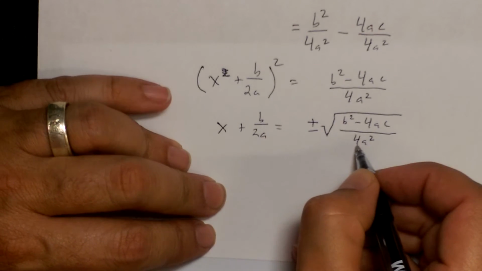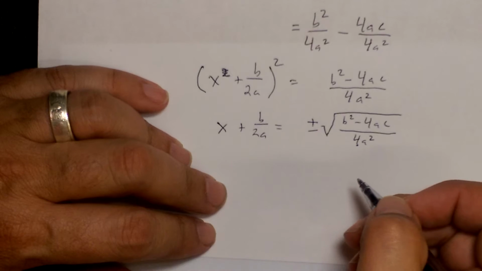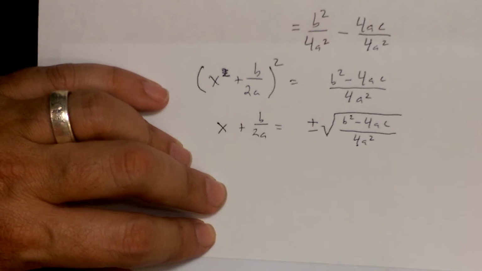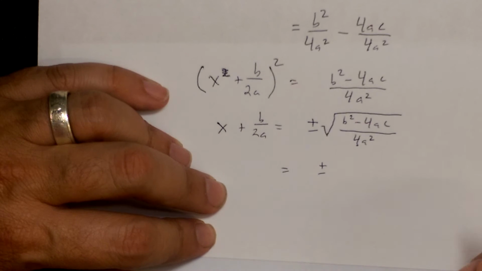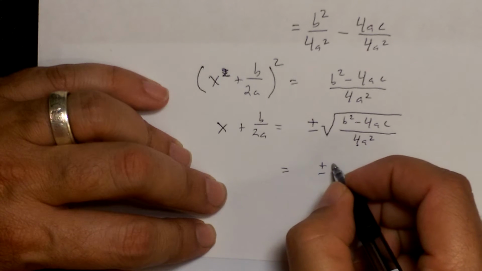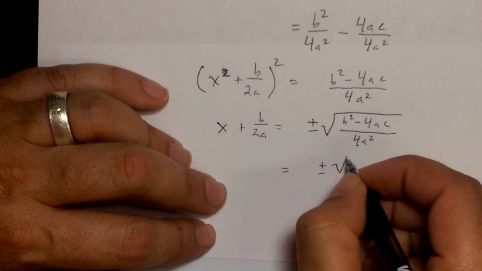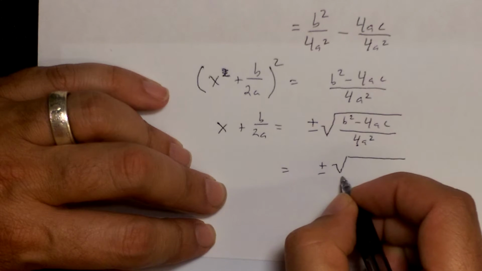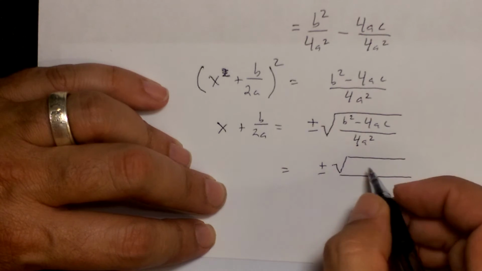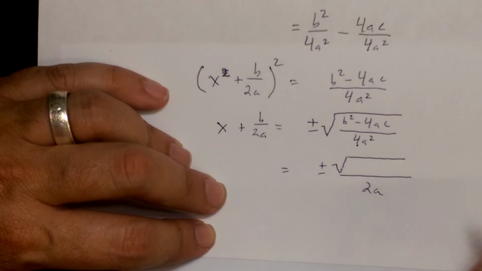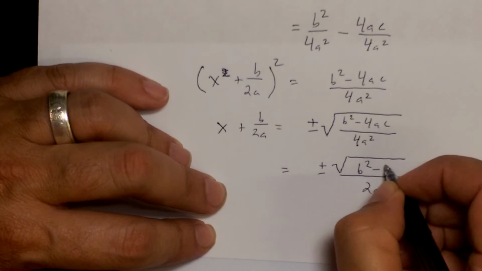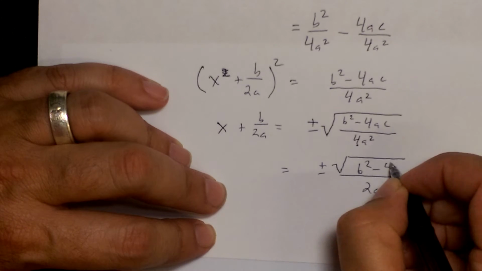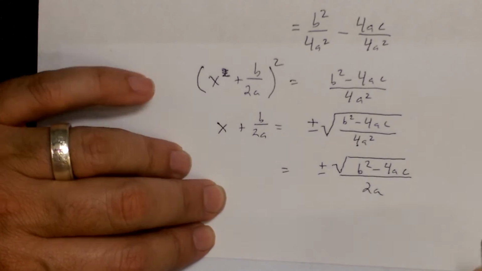And the nice thing about that is 4 is a perfect square. A squared is also a perfect square. So we have a positive negative still, but our square root is now just in the numerator. Our denominator is just 2a. Now our numerator is still the square root of b squared minus 4ac.